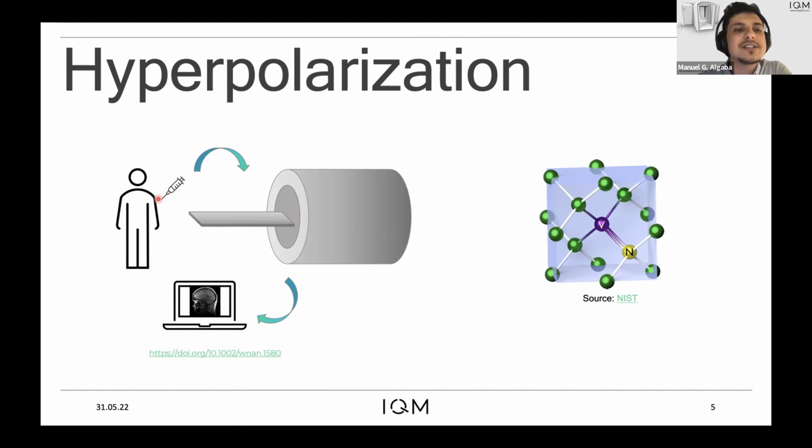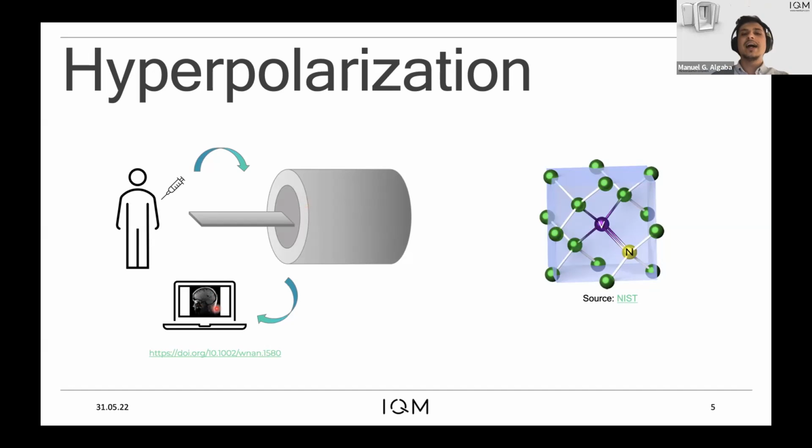So patients are injected with a contrast agent that reacts very strongly to some magnetic fields that you can create in this type of magnetic resonance machines.